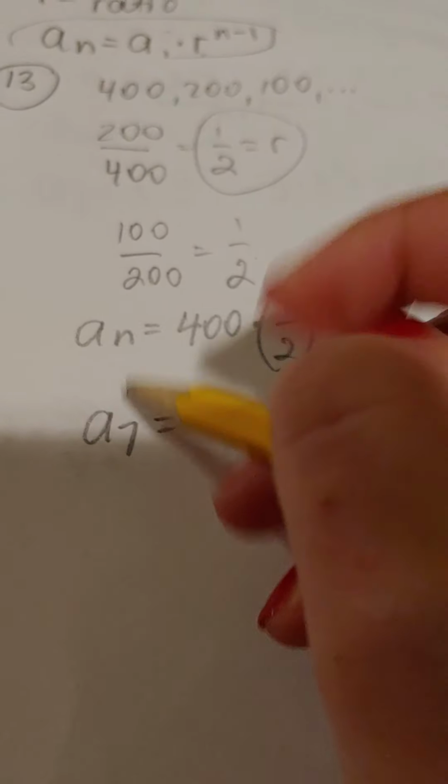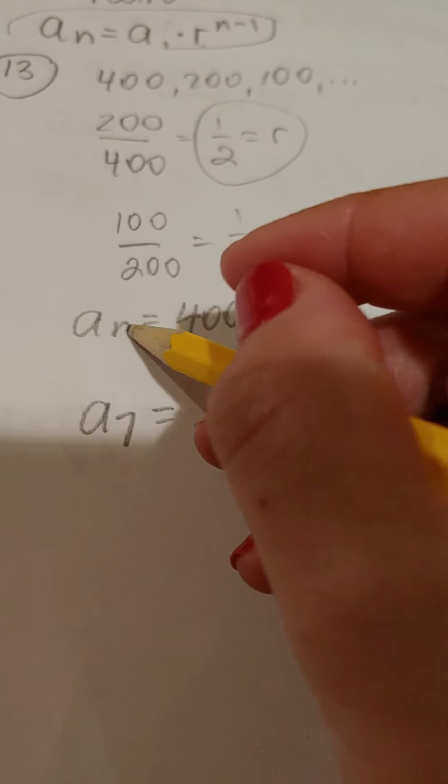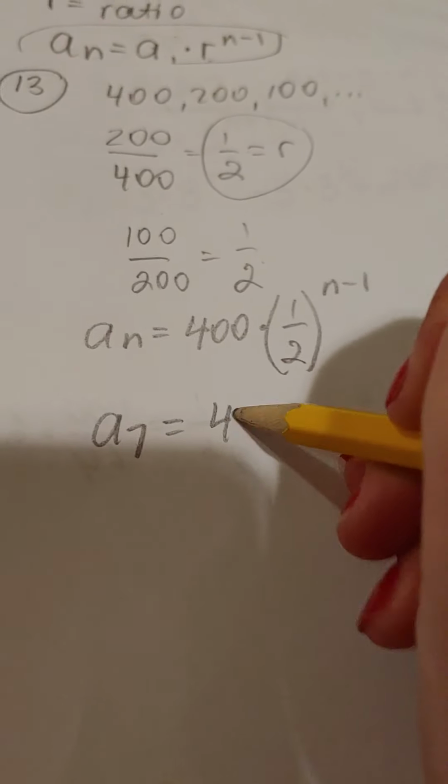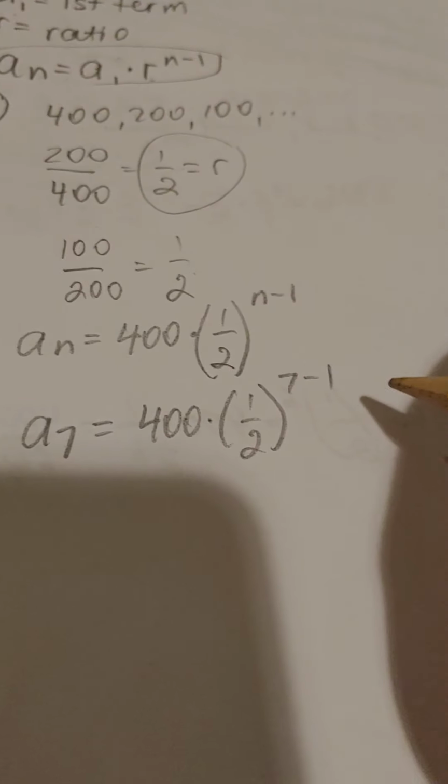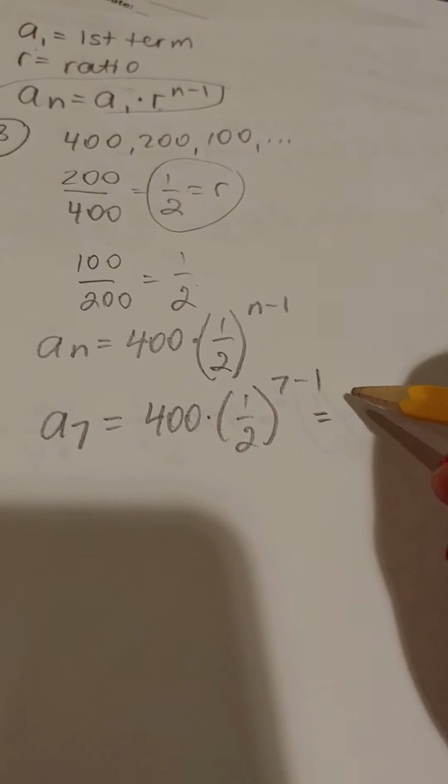All right, and then I have to find the seventh term. All I'm going to do is replace n by 7. So 400 times 1/2 to the power 7 minus 1. We do know that 7 minus 1 is 6.